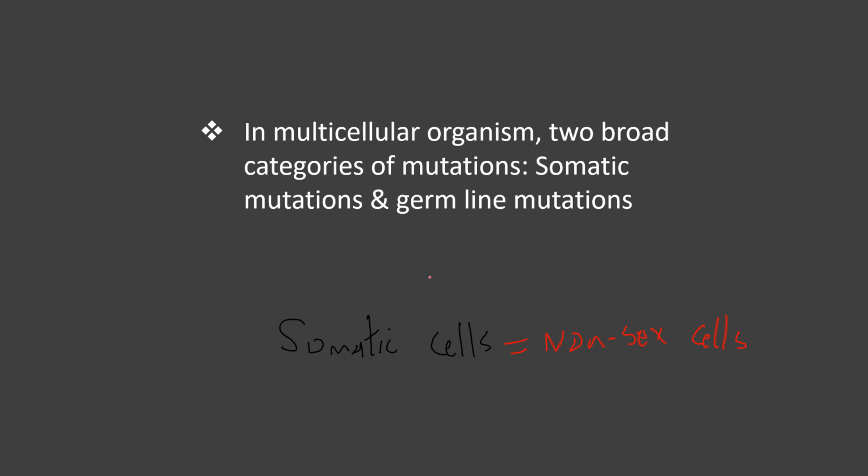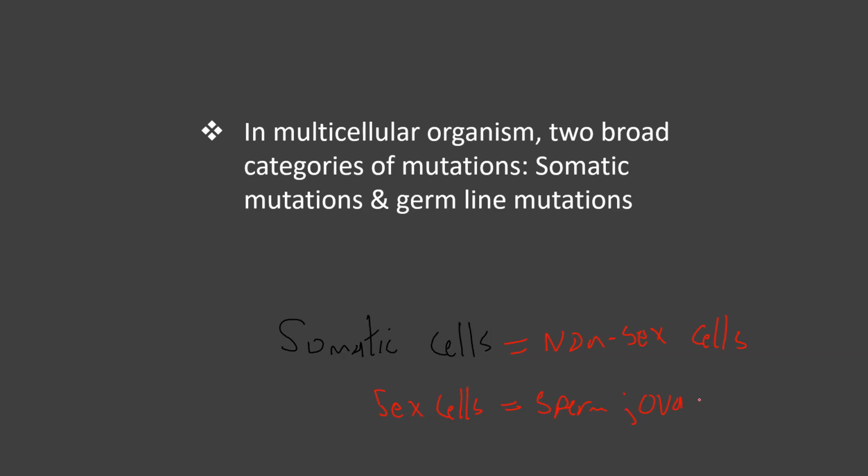Whereas germline mutations, no surprise, are going to refer to sex cells. Which of course means germline mutations end up in your sperm and of course the ova, okay? So egg cells, sperm cells, of course, are ova. They will carry germline mutations, all right?